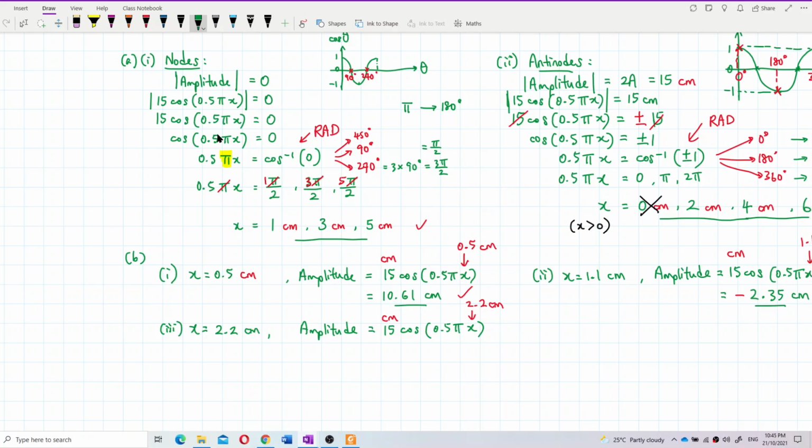Okay, calculate again. 0.5 pi times x, which is 2.2, take the cosine of the answer, and then multiply by 15. So you will get the answer of negative 14.27 centimeter, centimeter because the 15 is in centimeter.